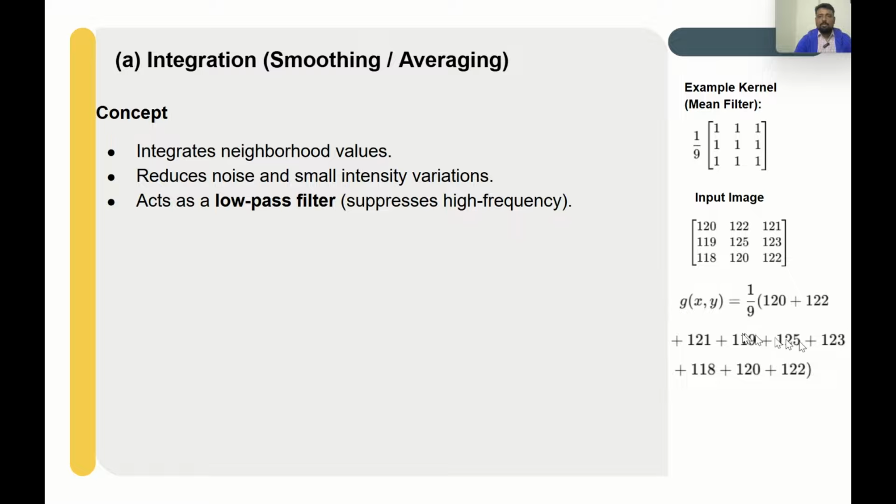So that will be the average of all these values, and you are getting the output as 123. Remember that these values are always applied to the center pixel. So now this 125 will be replaced by 123.